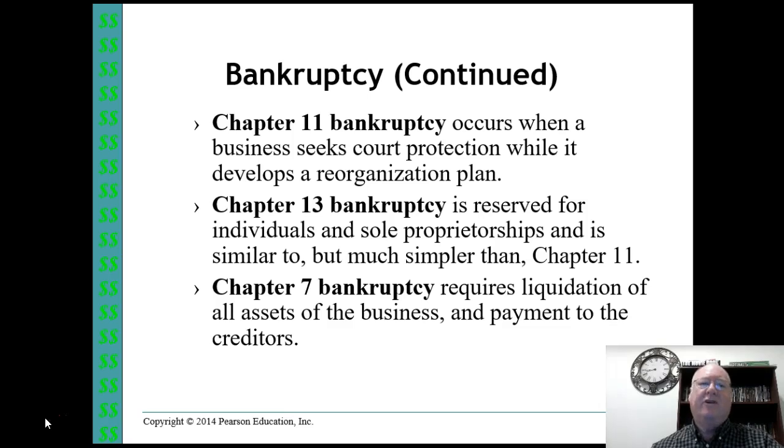Chapter 11 occurs when a business seeks court protection while it develops a reorganization plan. Sometimes you will hear this as a bankruptcy reorganization. The court tells the creditors, okay, stop right now, while management seeks to come up with a new plan as to how it's going to go into the future.